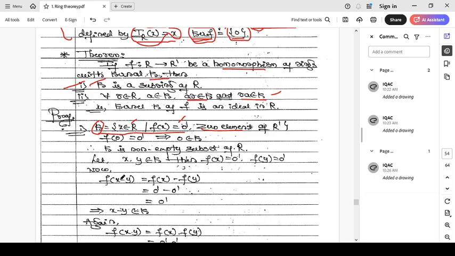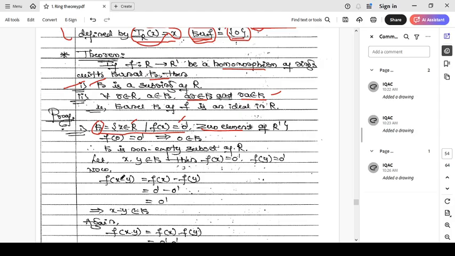A non-empty subset, say capital S, of the ring capital R is said to be a subring if two conditions are satisfied. First, for every a, b belonging to S, a minus b also belongs to S. Second, for every a, b belonging to S, a into b belongs to S. That is the definition of a subring.